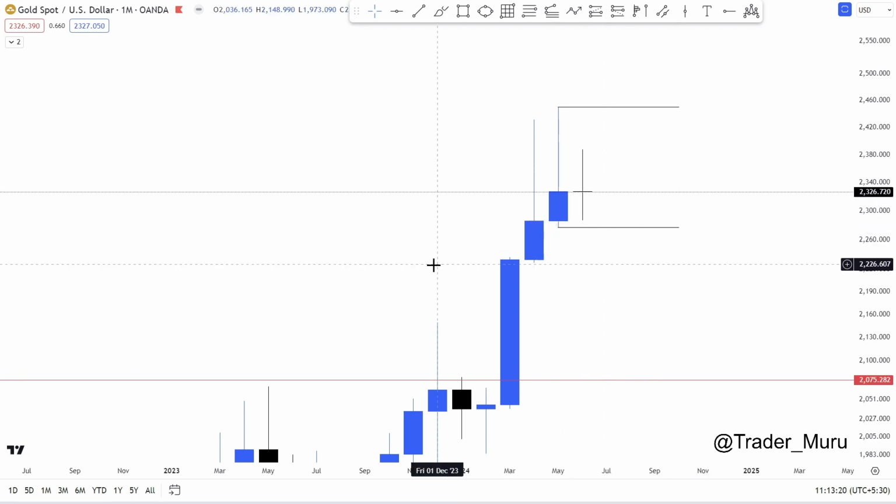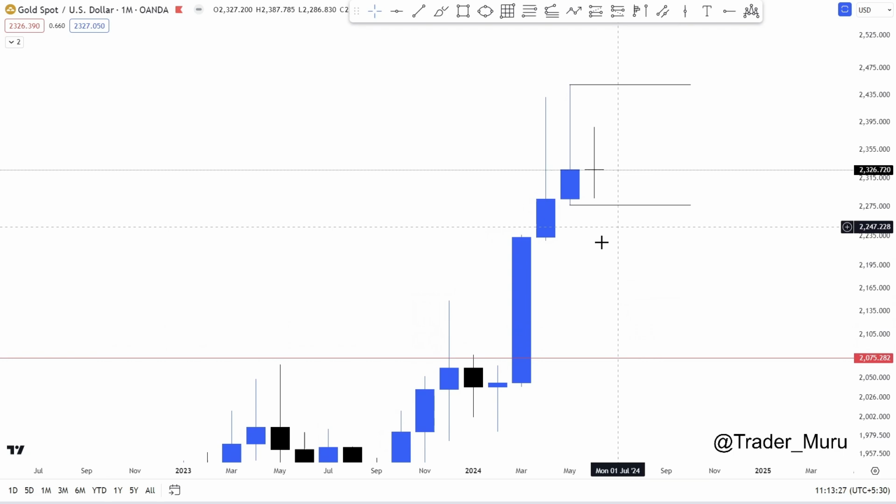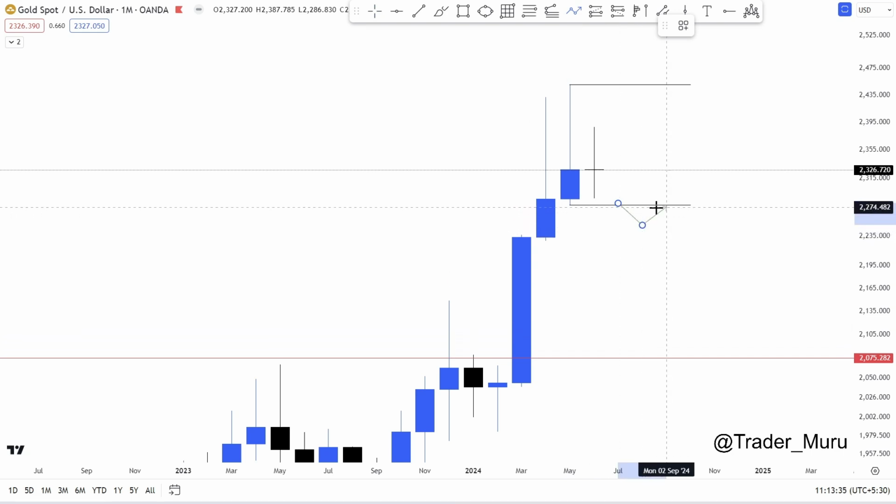Now let's get on the 1 day time frame, but let me just show you what will happen if this breaks. If this breaks, then we can easily target here like this.